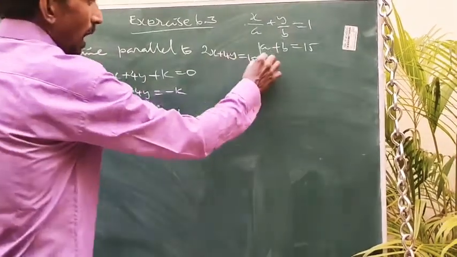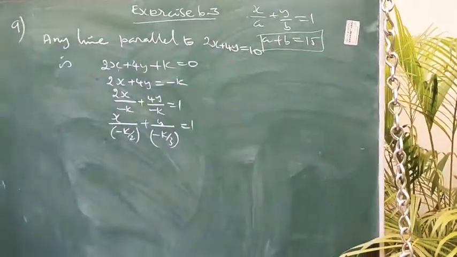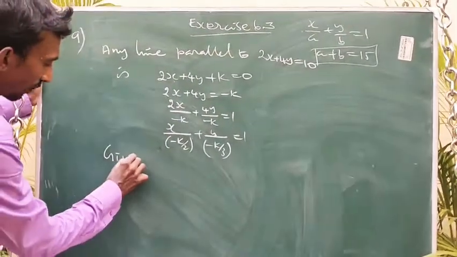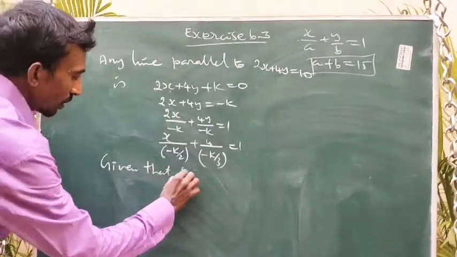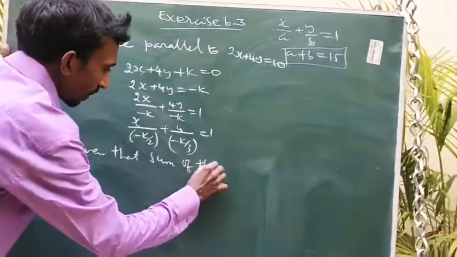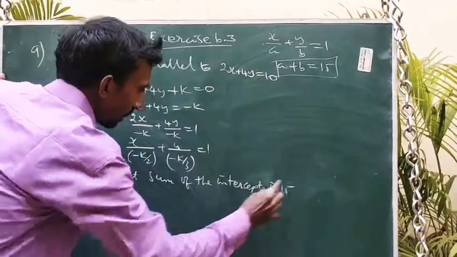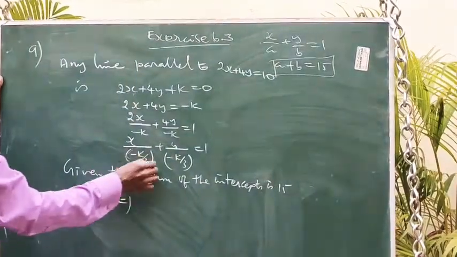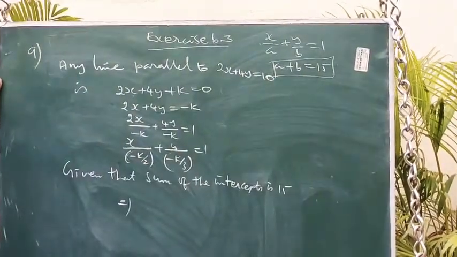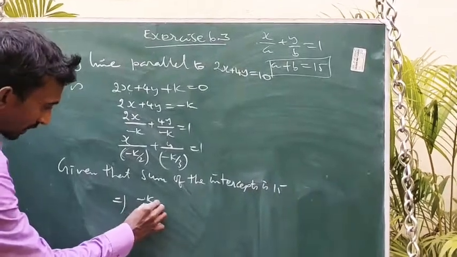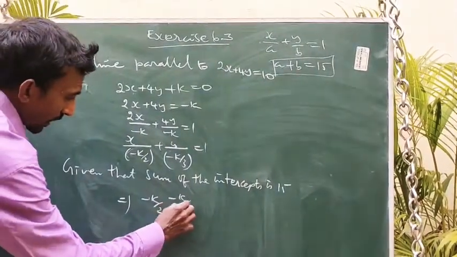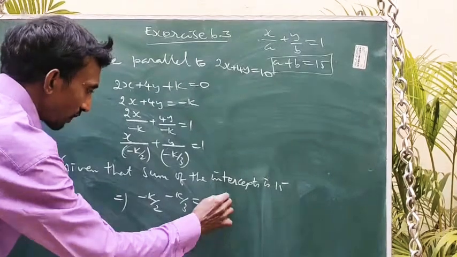Okay, because initially it is given that the sum of the intercepts is 15, which implies a plus b equals 15. So find the sum of the two. Minus k by 2 minus k by 3 equal to 15.